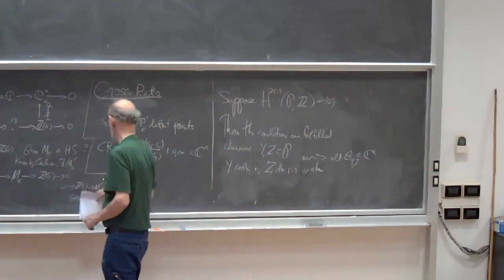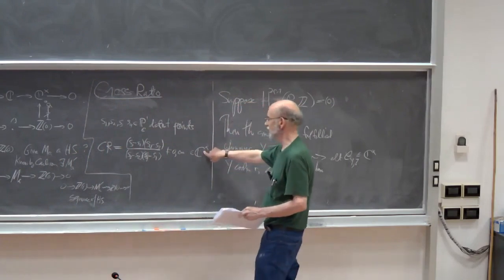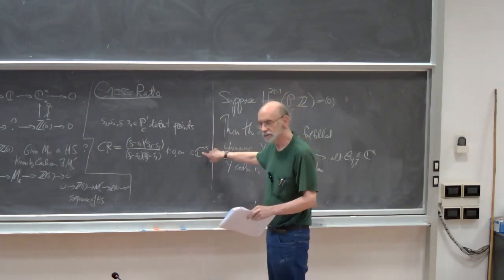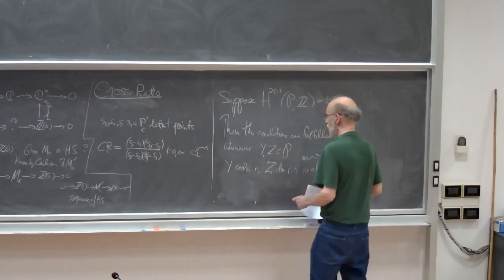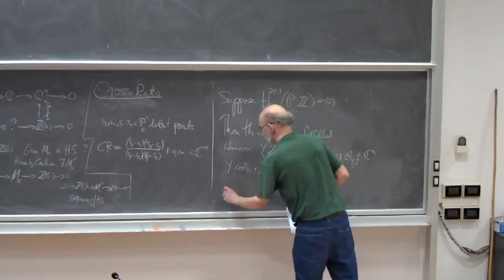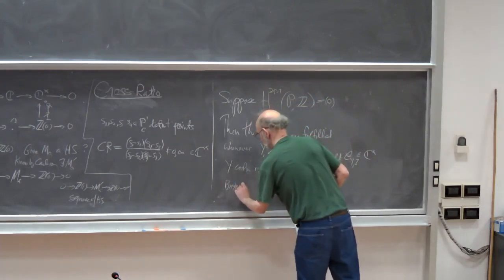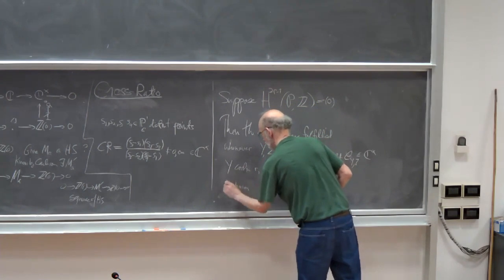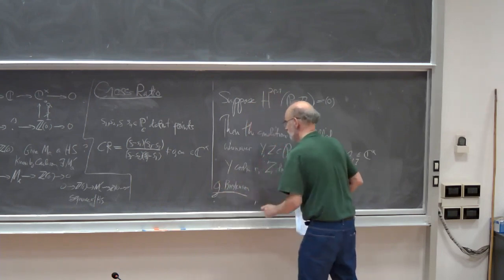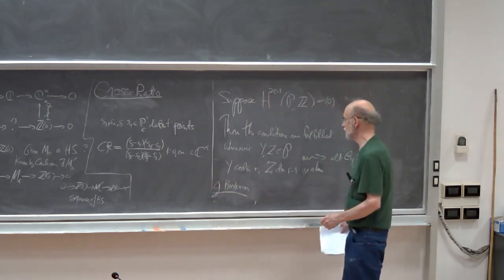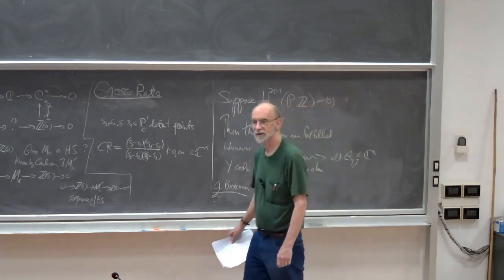And if we take a collection of these, then we get an element in C cross to some power. Okay. This is what I mean by a generalized Biextension. And the question arises, what are these things?